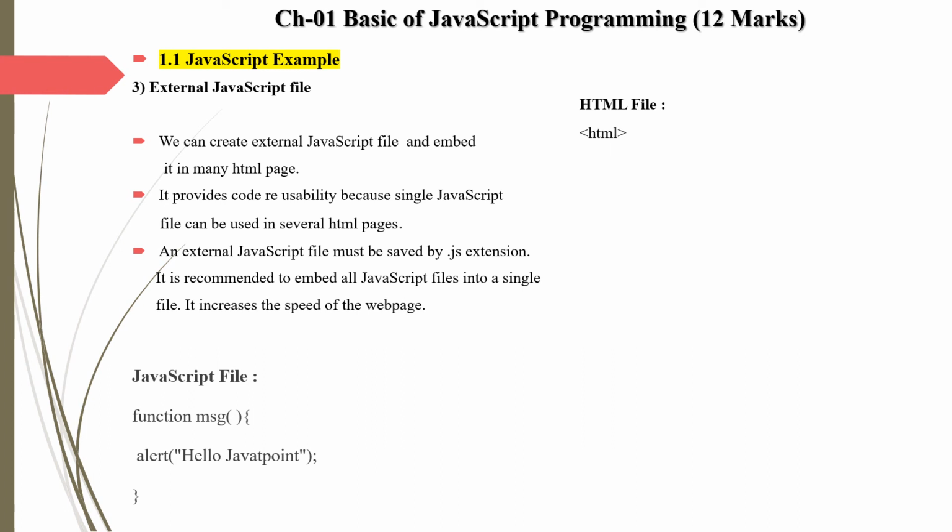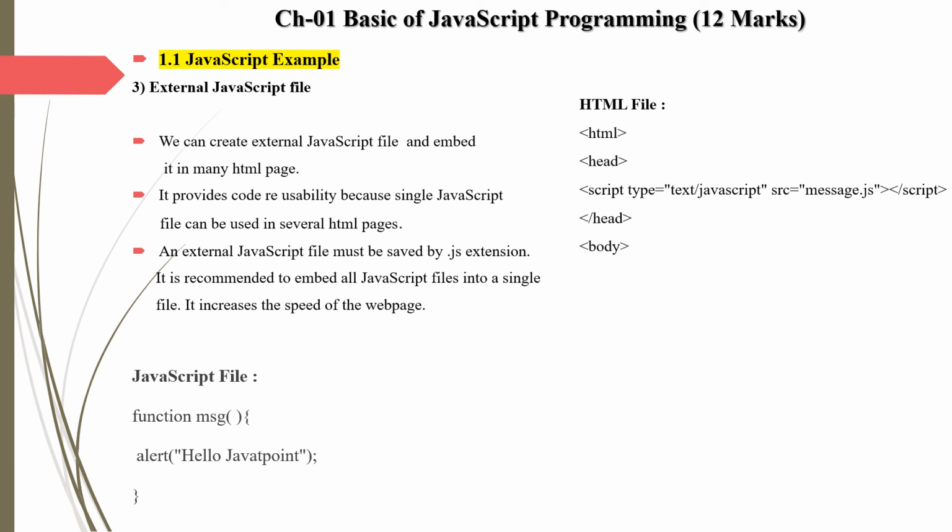Second is the HTML file. First we define the HTML tag, then the head tag. Inside the head tag we define the script tag. The type attribute value is text/JavaScript, and the src attribute value is the name of the JavaScript file, that is message.js, and we close the script tag.